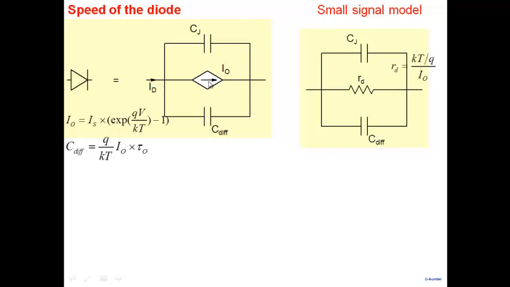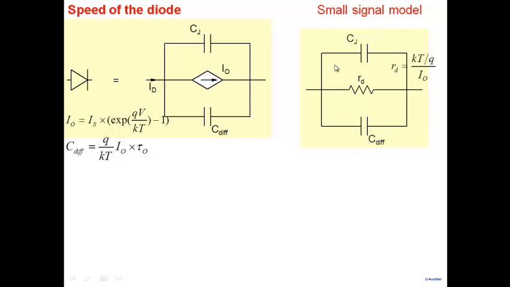If I have I naught equal to Is exponent QV by KT minus 1, this component in a small signal model translates into a resistor whose value is KT by Q I naught. Capacitors remain the same, so there's no difference there. So the small signal model looks like this here.